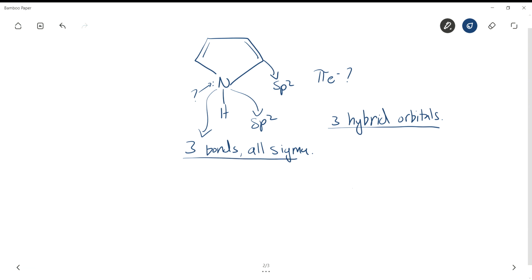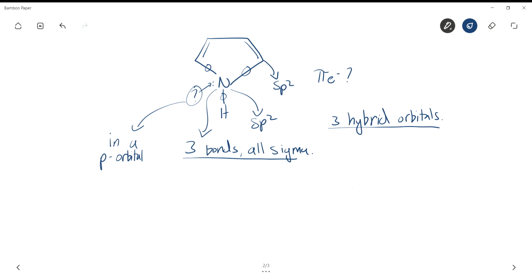You can see there's a sigma bond, sigma bond, sigma bond, all attached to the nitrogen. So these electrons right here are in a p orbital. Again, that goes back to the fact that you should have 3 p orbitals in every shell, and you only hybridized 2 of them, leaving 1 available.